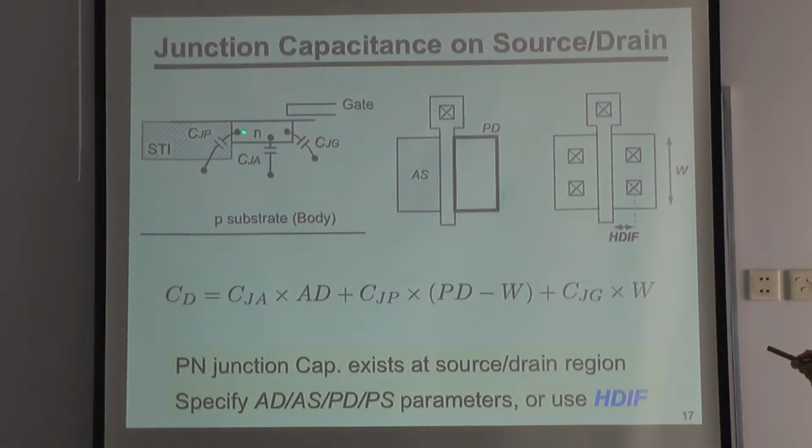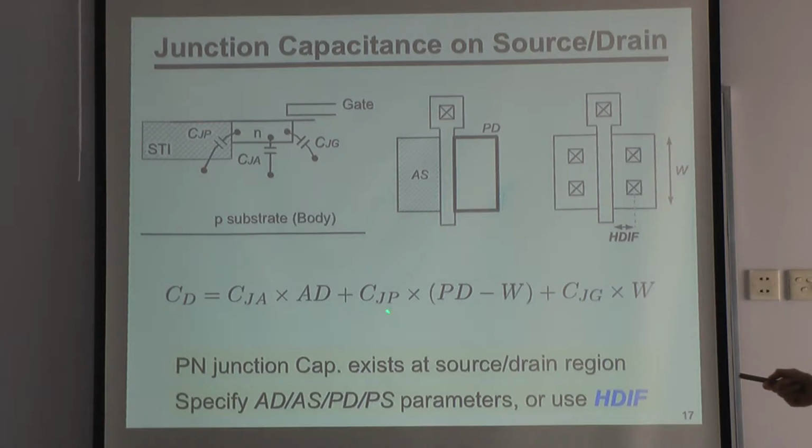And then we also have the side capacitance, like here, the side capacitance between the drain and gate. So CJP means the capacitance in this area per unit length. So CJP times the peripheral, the length of this area, means the capacitance of this side area.